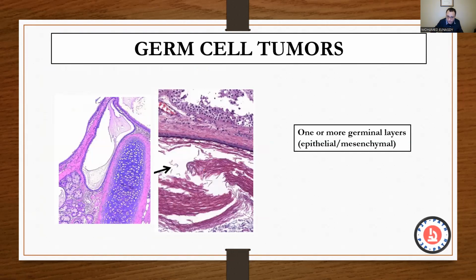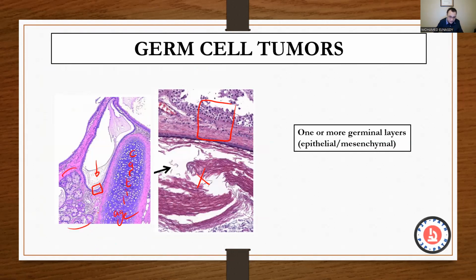The high power of this material is actually keratin, and you see this stratified squamous epithelial lining, and you sometimes see a lot of mature tissue there, like mature cartilage here, and some cysts lined by stratified squamous epithelium with keratin inside.